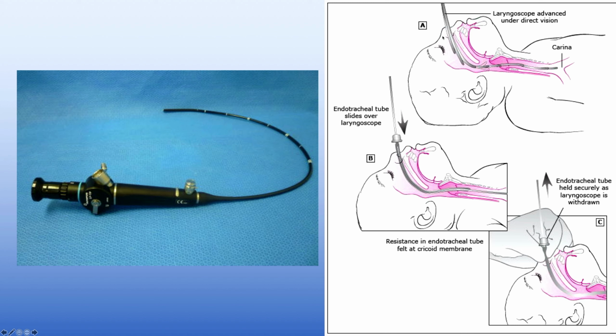If you follow it along and find the vocal cords and go through, you can slip the endotracheal tube down over the bronchoscope into the trachea, and then take out the bronchoscope, and the breathing tube is left in place, in this instance through the nose and through the windpipe. So, an important technique for finding one's way.